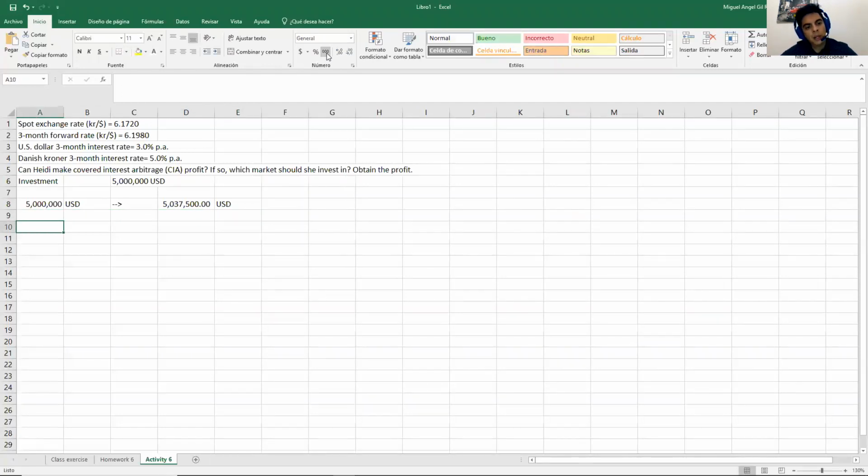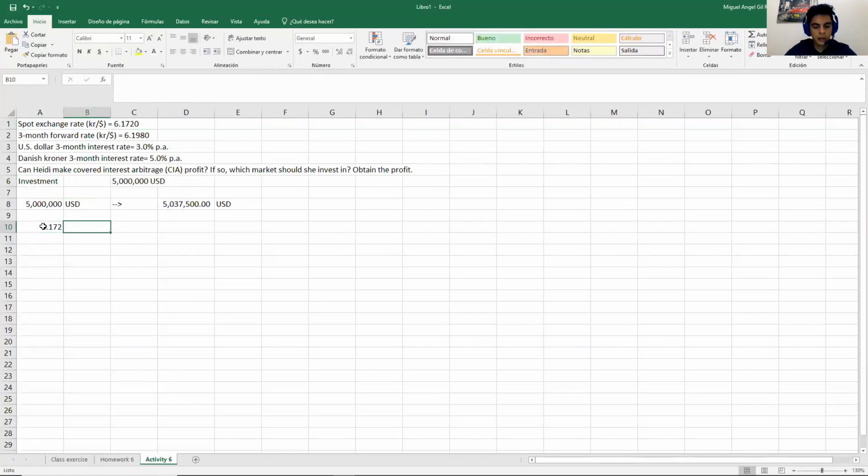Now let's convert our dollars to Danish crowns, and let's see if it's better to do an investment in Denmark and then go back to the US. So we are going to use the spot rate. It is 6.1720.